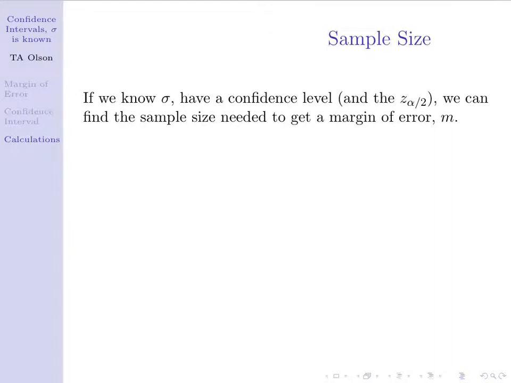Something else we can calculate, if we have the standard deviation for the population, is the sample size for a given confidence level and margin of error. If we rearrange the equation for the margin of error to get the sample size n, it looks like this.